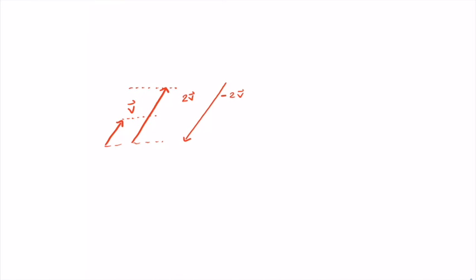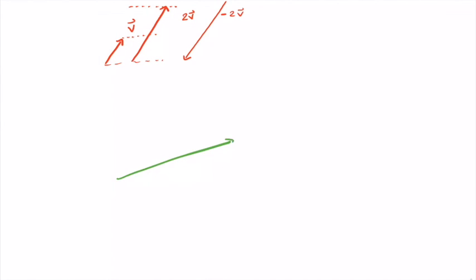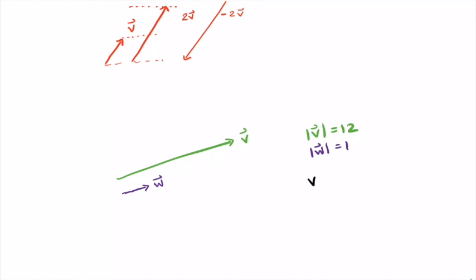Now lastly, let's say that we have some vector that's fairly large, something like this vector here. And let's say that this is my vector v, and let's say v has a length of 12. And now let's say that I want to find some vector w that is exactly parallel to v, but of length 1. The big thing is that v is parallel to w, so they go in the same direction.